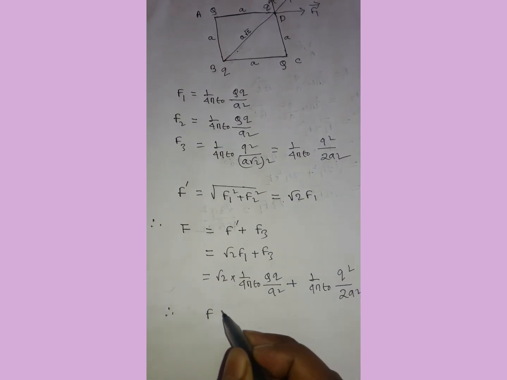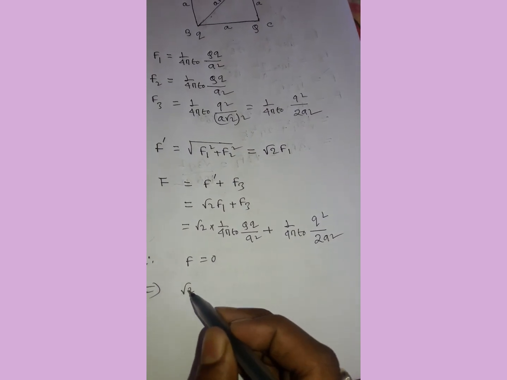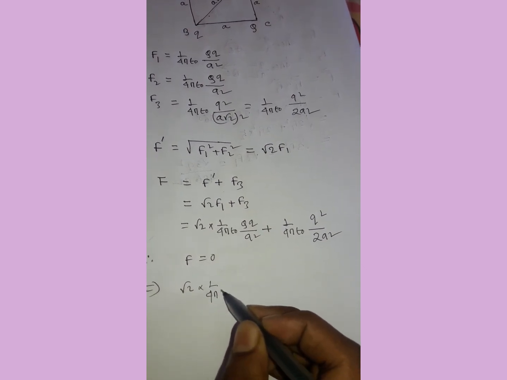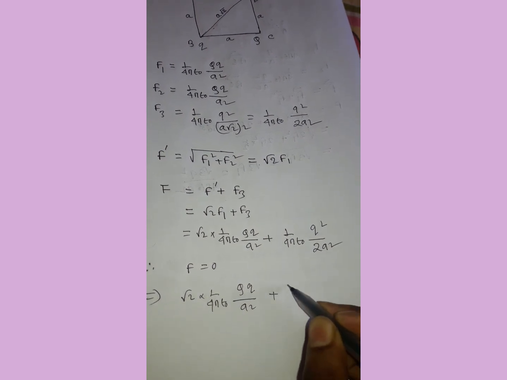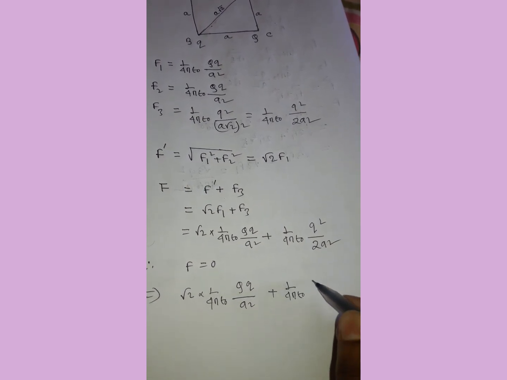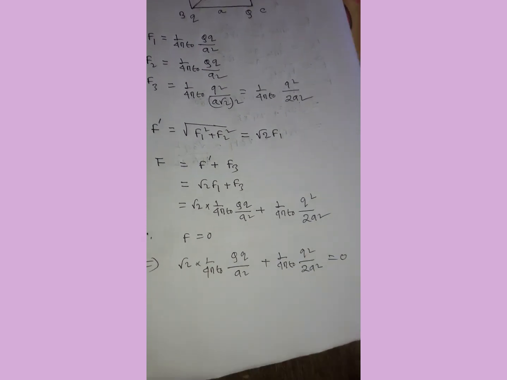Therefore, F is 0 and root 2 into 1 by 4 pi epsilon naught, capital Q small q by a square, plus 1 by 4 pi epsilon naught, small q square by 2 a square equals 0. Now simplifying the result we get capital Q equal to minus small q by 2 root 2, that is, small q and capital Q are opposite charges.